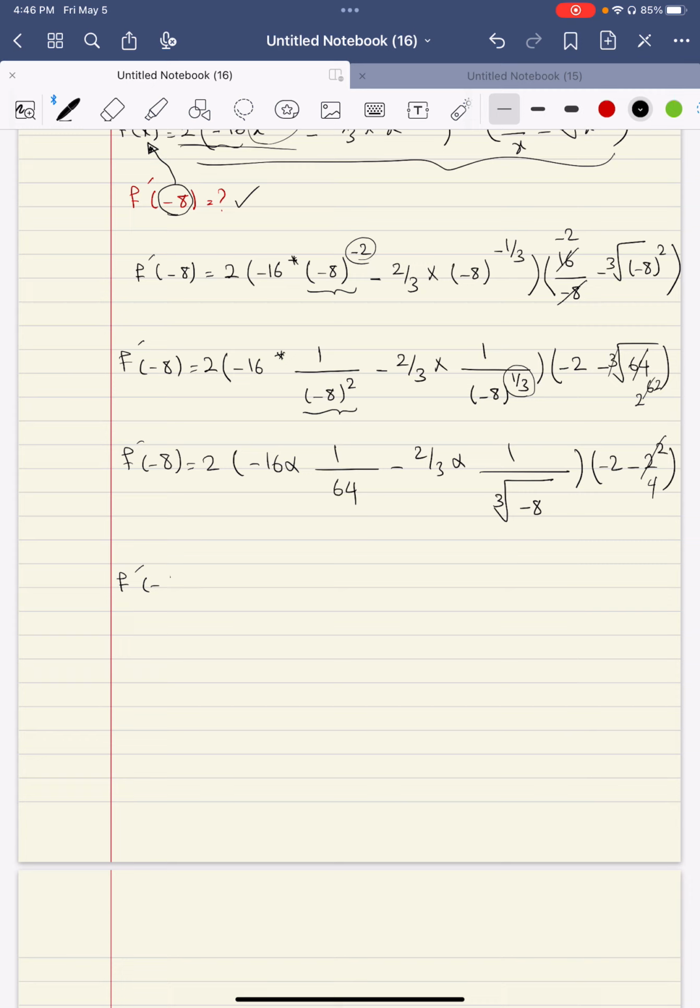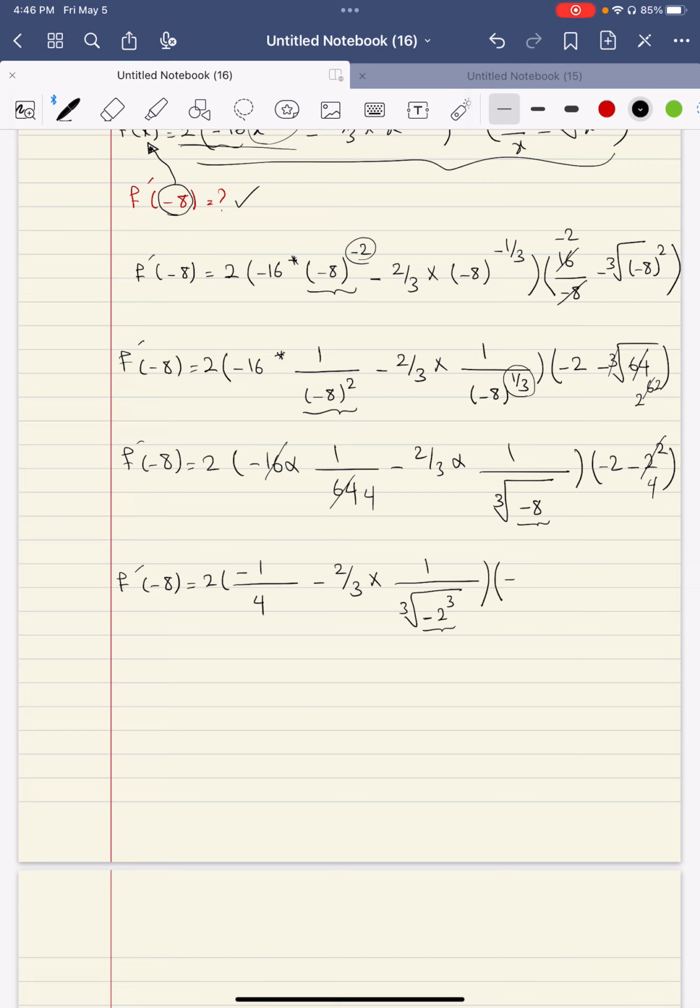So f prime of negative 8 would be 2 times 16 and 64 would cancel out and a 4 would remain, correct? So it would be negative 1 over 4 minus 2 over 3 times 1 over the cube root of negative 8. 8 is 2 to the power of 3, right? So I'm going to write negative 8 as this.